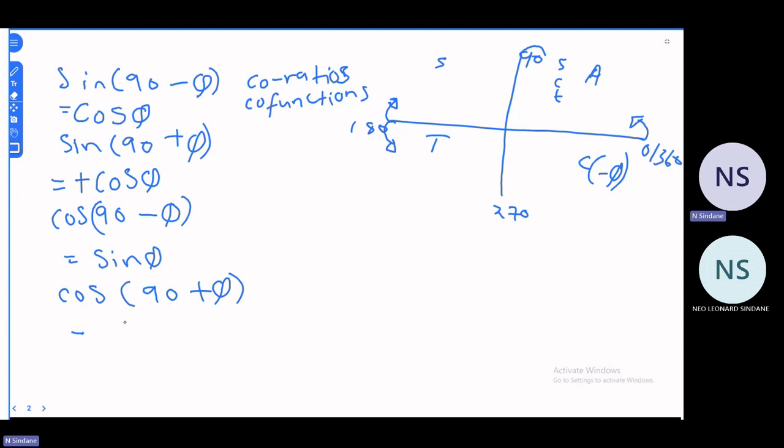But because it's a coratio, it will change to sine theta. So there is this: negative sine of theta. These are coratios, right? So that is how we identify coratios.